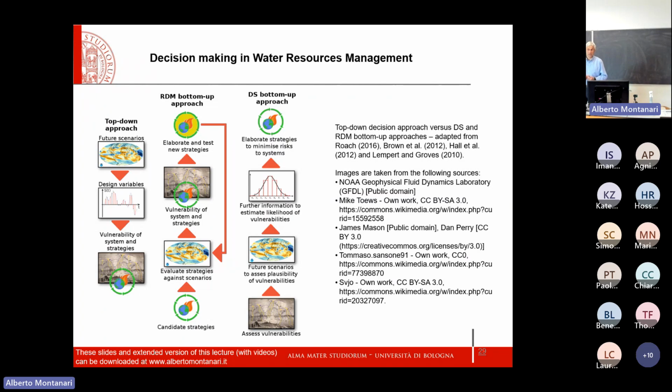Again, for adapting to climate change, we cannot identify a unique recipe. In the same way, other people said we need reservoirs in order to store flood water and to store water for coping with droughts. Again, there is no unique recipe. In some cases, we may need reservoirs.